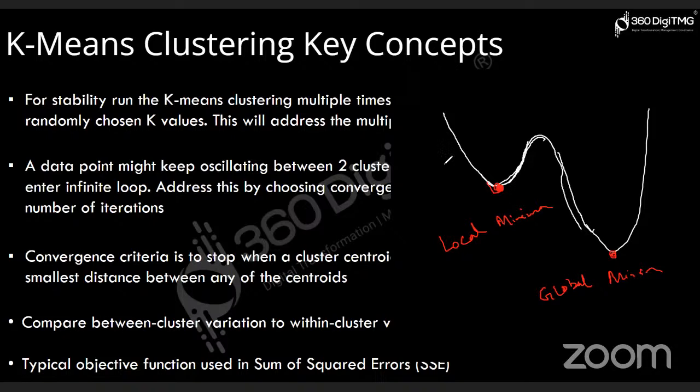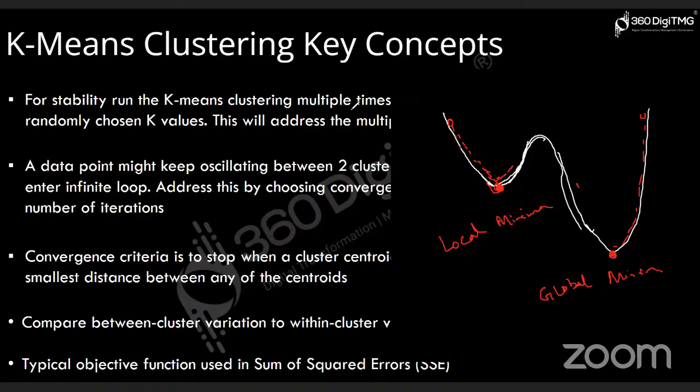What will happen? Suppose we are running our algorithm and we are here. We are minimizing, and we reach here. After reaching here, when we look at this side, it is increasing. So we will say this is the minimum point. If we have initialized here, then we will check for minimization, and this is where we will find it.